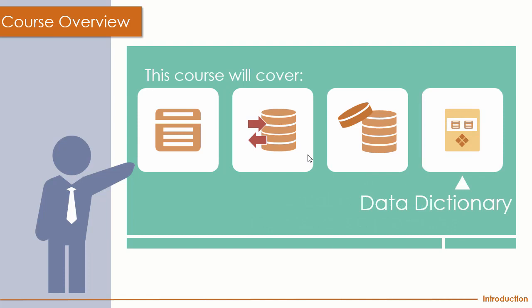Also, we will talk about the data dictionary, which generates the full detailed documentation of your database design. Then you can share it with your team members so that we can work together to deliver the systems. And this is one of the reasons why we need such a database design.